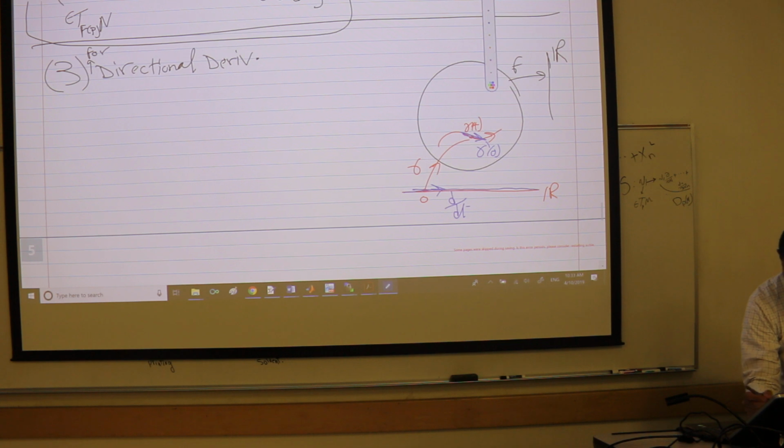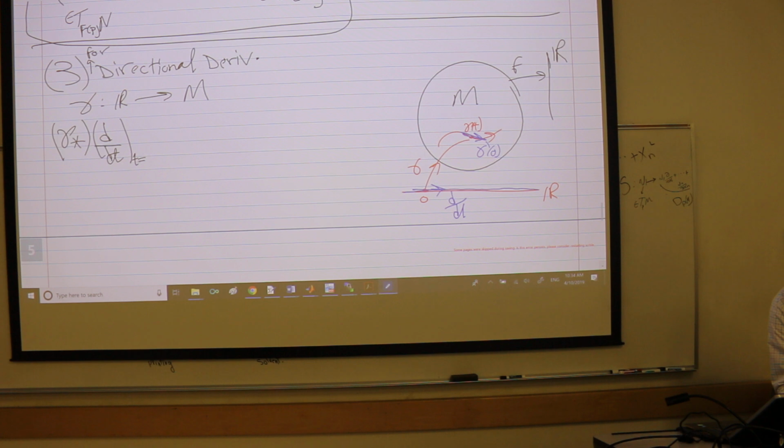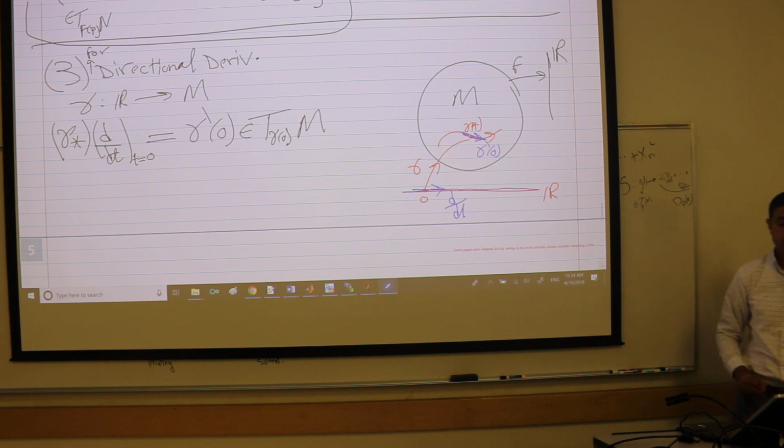So gamma is a map between two manifolds, R and M. So gamma star, the Jacobian, will push forward the d by dt, acting on that guy at t equals 0. This will be gamma prime of 0 in the tangent space at gamma of 0 in M, right?